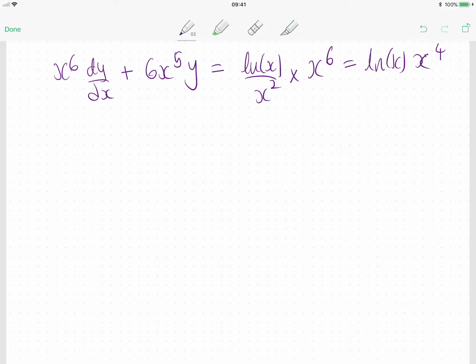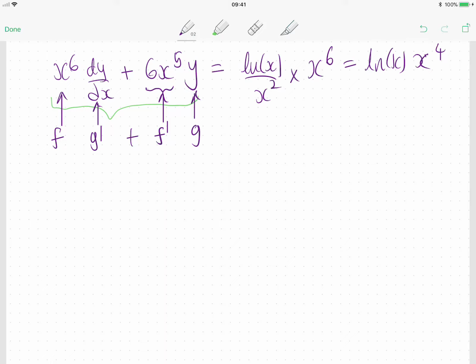Okay, so there's a special reason why we do this, and that is because the left hand side will always appear as the product of two functions. You see the product rule here. If I call this f, then this one here is its derivative, and if I call this one g, this one here is its derivative.